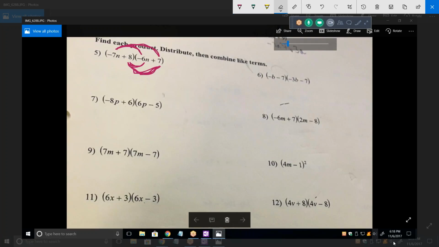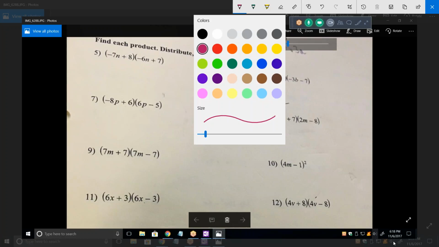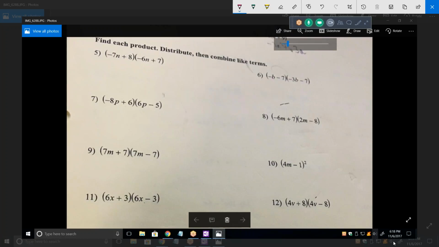So, that being the case, tell me the first term. Negative 42 and... Okay, what's minus 7n times minus 6n? Oh, okay, 42n squared. There we go.